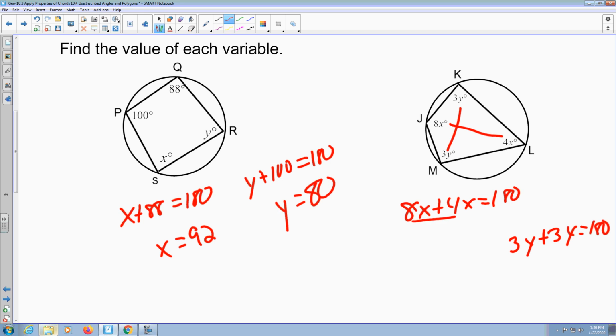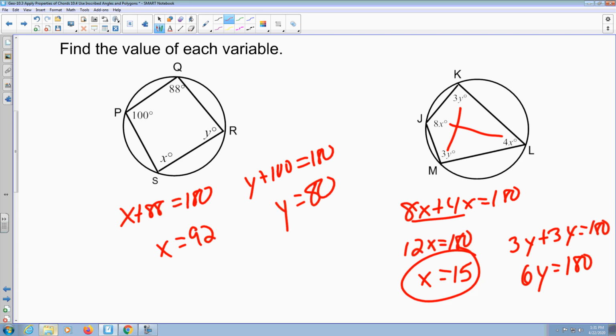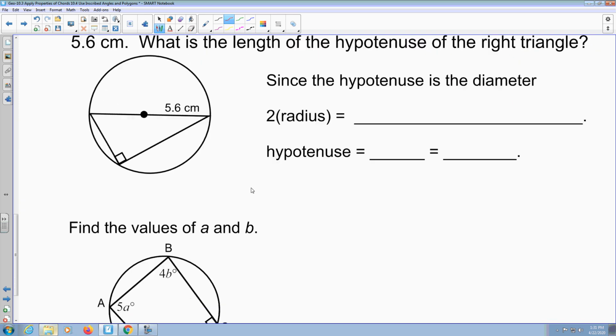So with this one here, combine like terms, I get 12x equals 180, divide everything by 12, x equals 15. I go over here, this gives me 6y equals 180, divide everything by 6, y equals 30. If they asked you what are those angles, just plug them back into the expression and go ahead and solve.